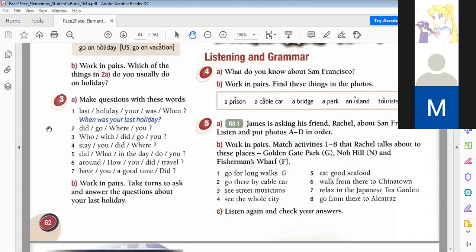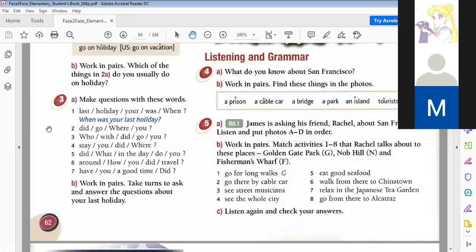Okay. Can you do number 2, Manal? Look at number 2 first. Number 2. Where did you go? Okay. Right. Where did you go? Number 2. Can you do number 3 now? Who did you go with? Yes. Correct. That's correct. Who did you go with? Correct.